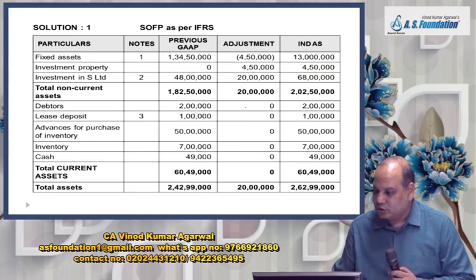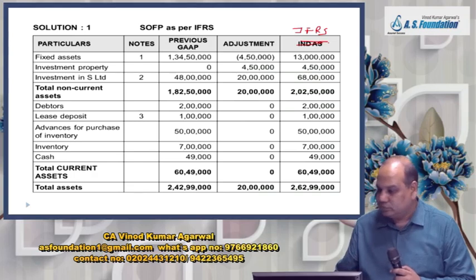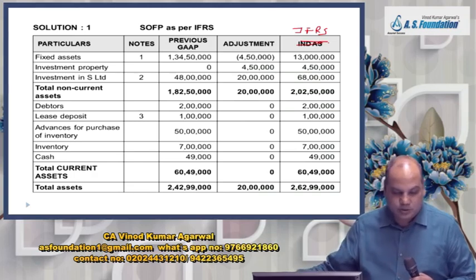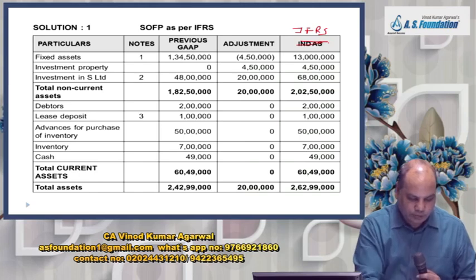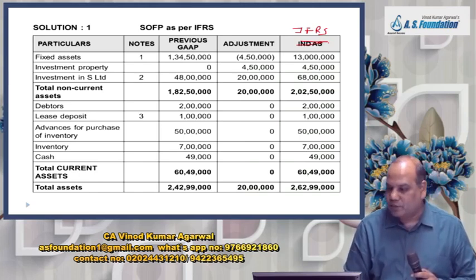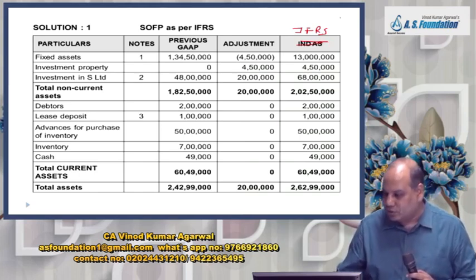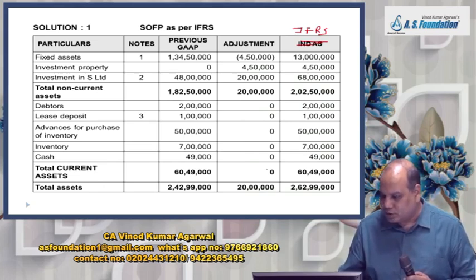IFRS, it will be 1 crore 30 lakh, 13 million. Investment property from 0 to 4 lakh 50,000. This won't affect reserve, it's only an adjustment within the two headings.